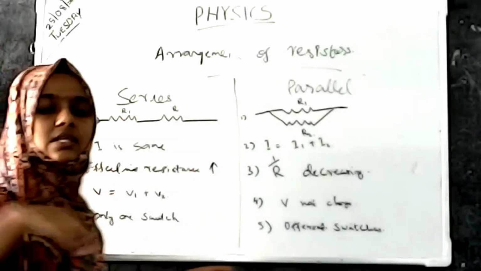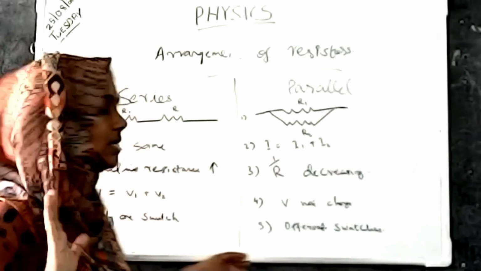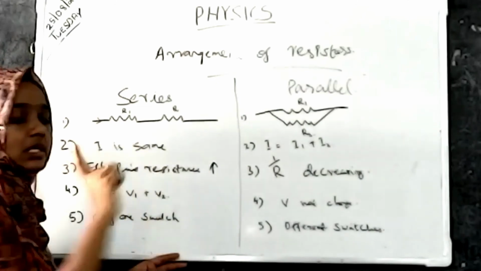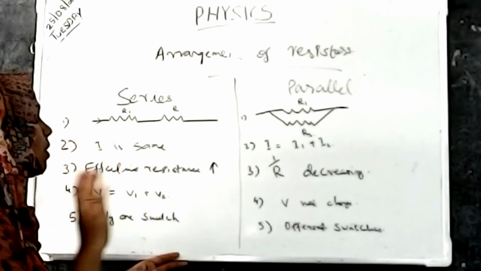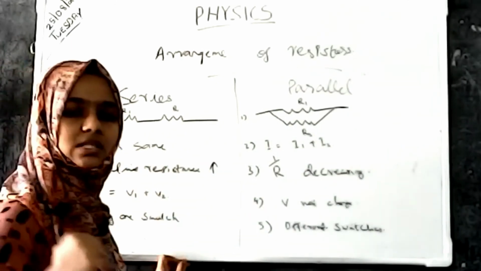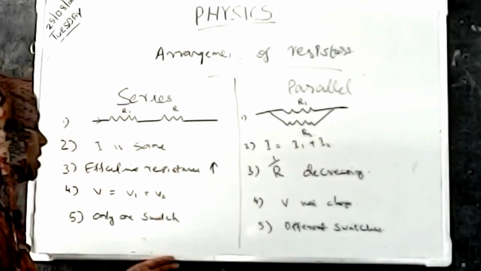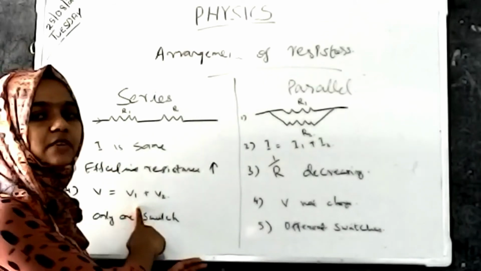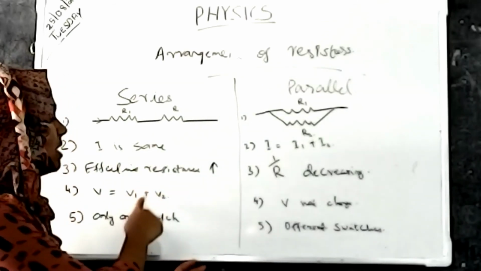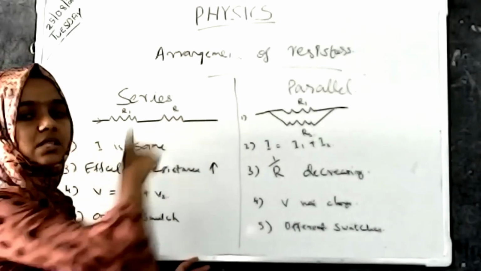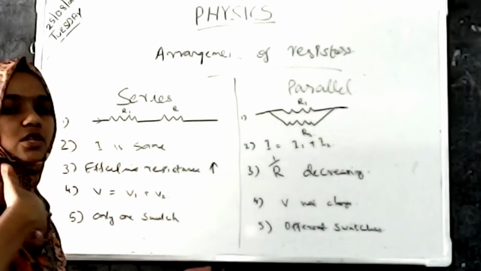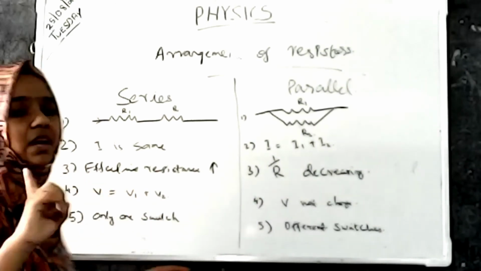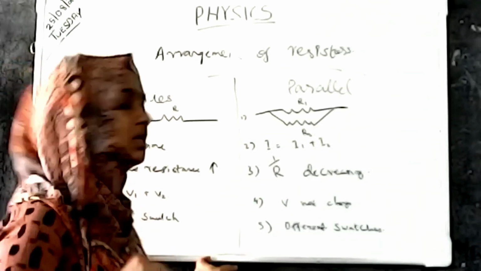If the number of resistors is more than 2, the current is the same, and the effective resistance increases. V is equal to V1 plus V2, that is the potential difference is changing, and it is based on the number of resistors. As the number of resistors increases, the potential difference also increases, and only one switch is needed to work all the resistors.